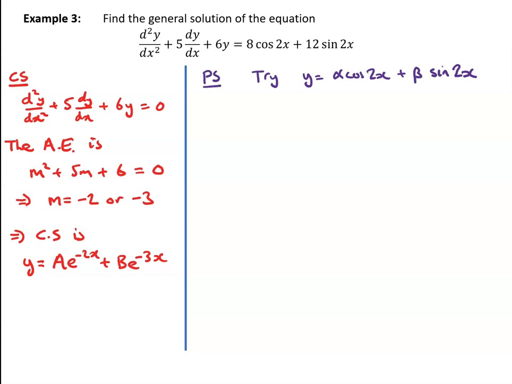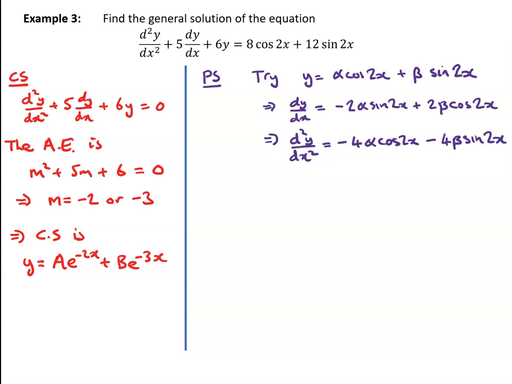If we have y equals alpha cos 2x plus beta sin 2x, then dy/dx is minus 2 alpha sin 2x plus 2 beta cos 2x. And d2y/dx squared is going to be minus 4 alpha cos 2x minus 4 beta sin 2x.